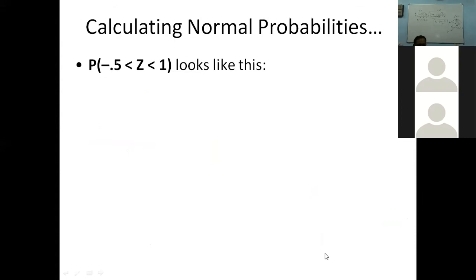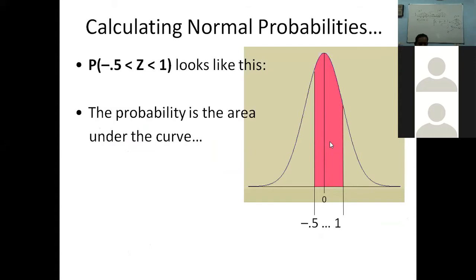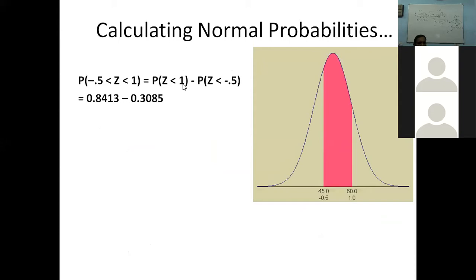As you all know, this is the probability of Z greater than minus 0.5 and less than 1, in the standard normal distribution. This is what we want to find out. We have already seen a similar kind of example. That area can be calculated as the probability of Z less than 1 minus the probability of Z less than minus 0.5. So this is the answer.